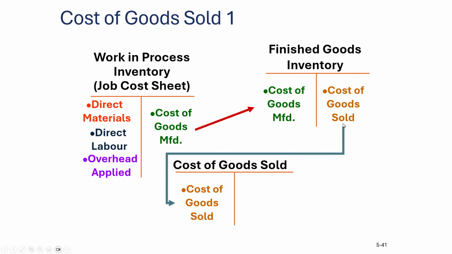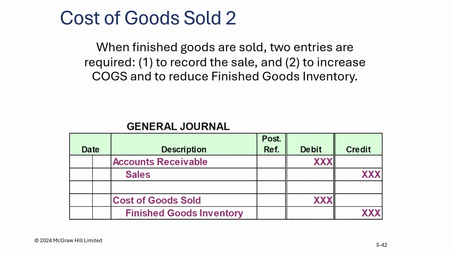So now we're finally moving this from the balance sheet to your income statement. Okay, so to do that, first we recognize the sale, which is debit accounts receivable, credit sales. Then we do a second entry, which is taking away from the inventory: credit the inventory, and debit your cost of goods sold. So finally we post them onto the balance sheet.